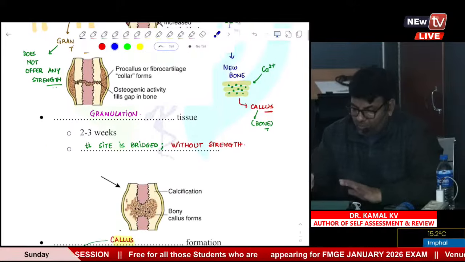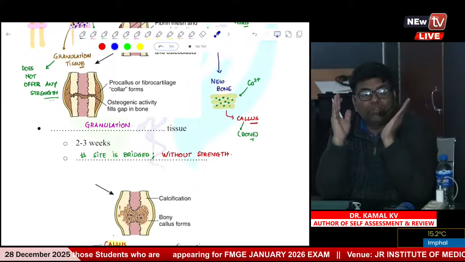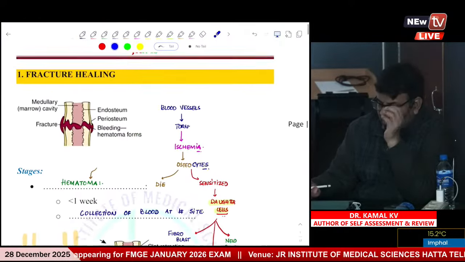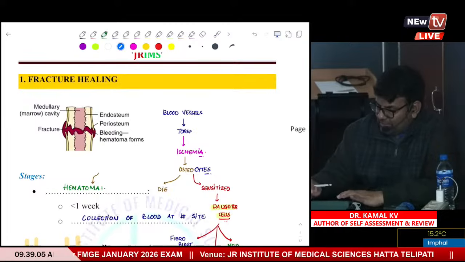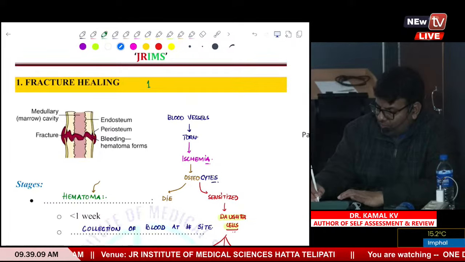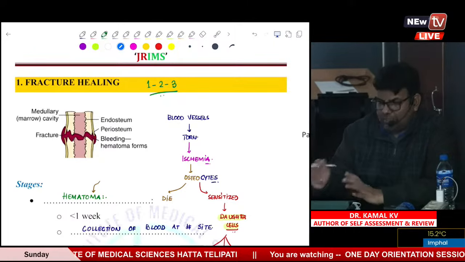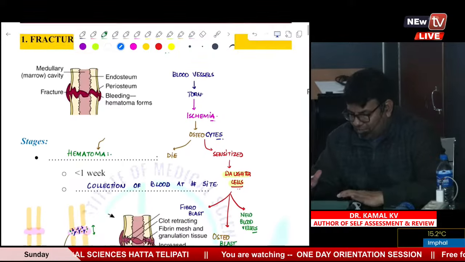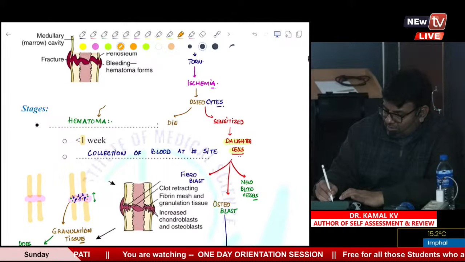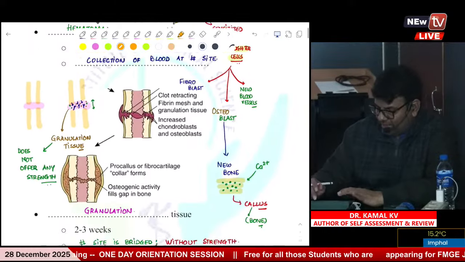Now, what is more important from the exam point of view is the timeline of these different stages. And to remember these stages, there is one mnemonic, and that is like 1, 2, 3. So just keep these numericals in mind. Like if you see, the hematoma stage is lasting only till 1 week. So 1 you can see here.